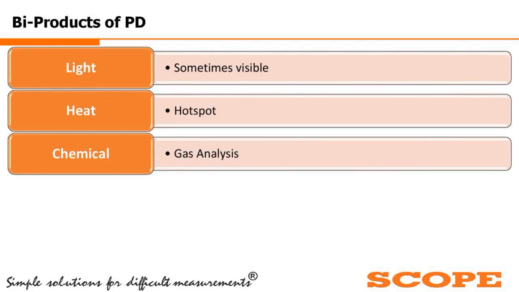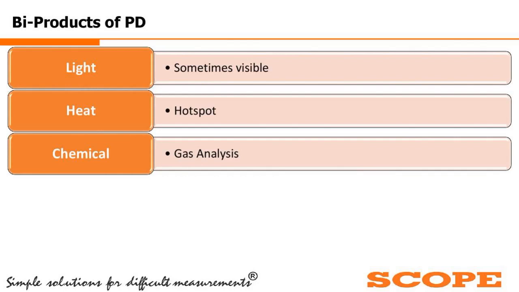Now, what are the byproducts of a partial discharge? When any discharge happens, it is like a flashover, but at a smaller level. First there will be some light, because corona also gives some light.